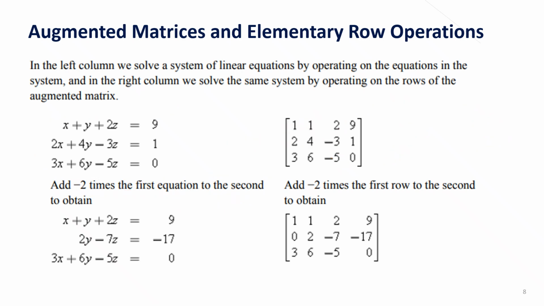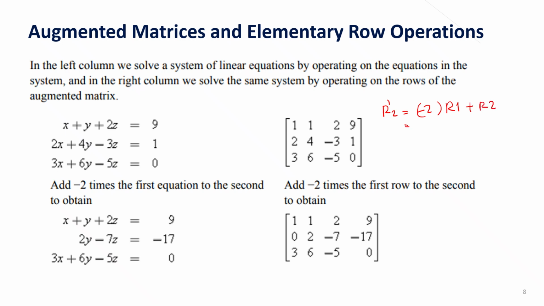Let me erase, and then we will perform the new row 2, which will be equal to minus 2 multiplied by the original row 1 plus the original row 2.